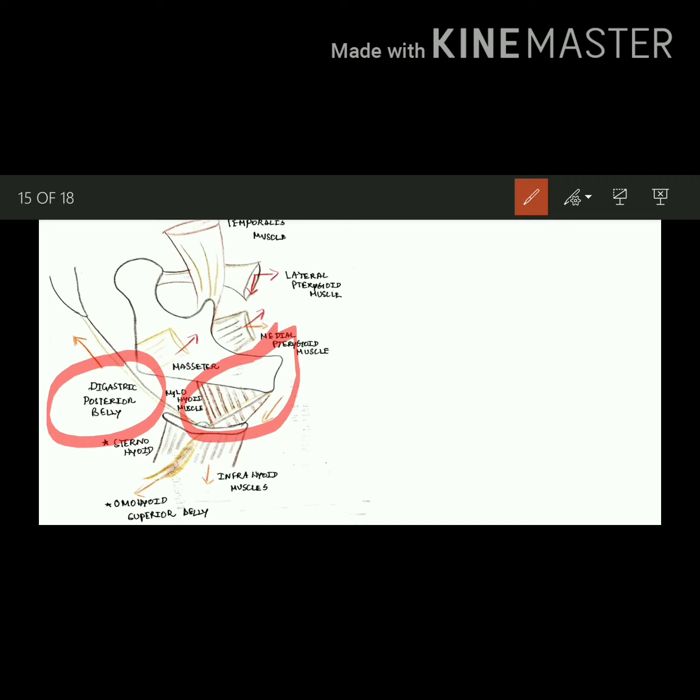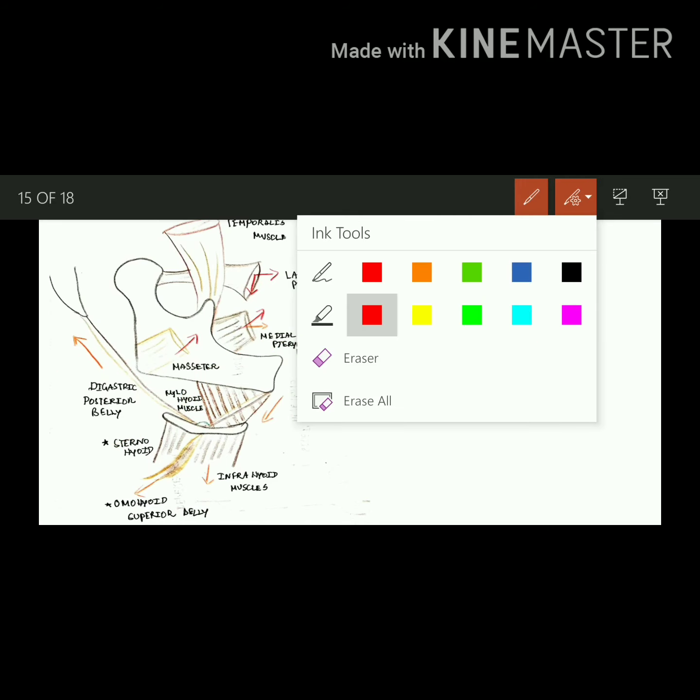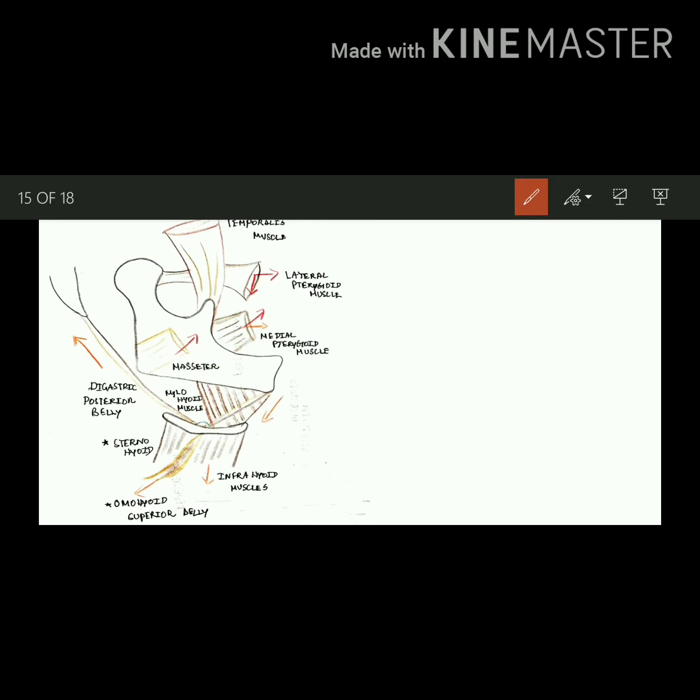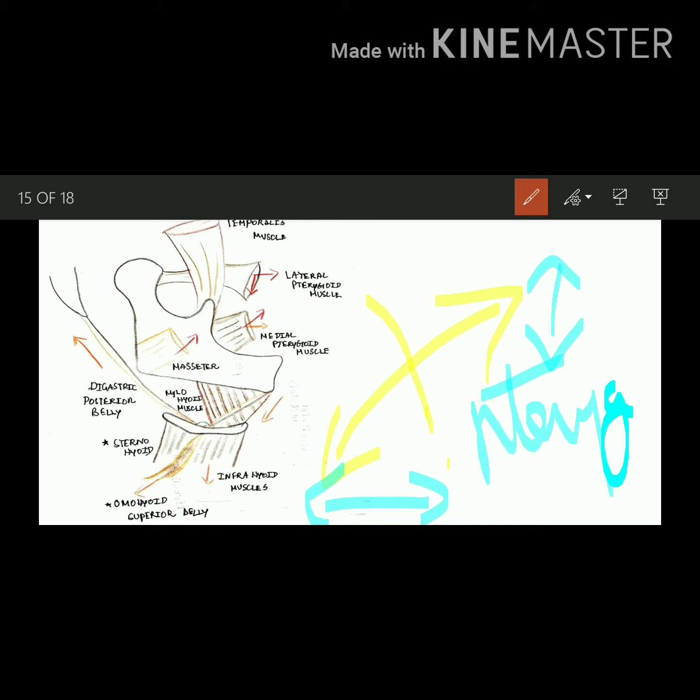Now we have finished protraction and retraction. Next we'll see the muscles that cause the sideward, that is chewing, movement. Chewing movement is actually a sideward movement. What happens is, on one side there is elevation and depression, and on the other side there is protraction and retraction, and these are done only by the pterygoid muscles.